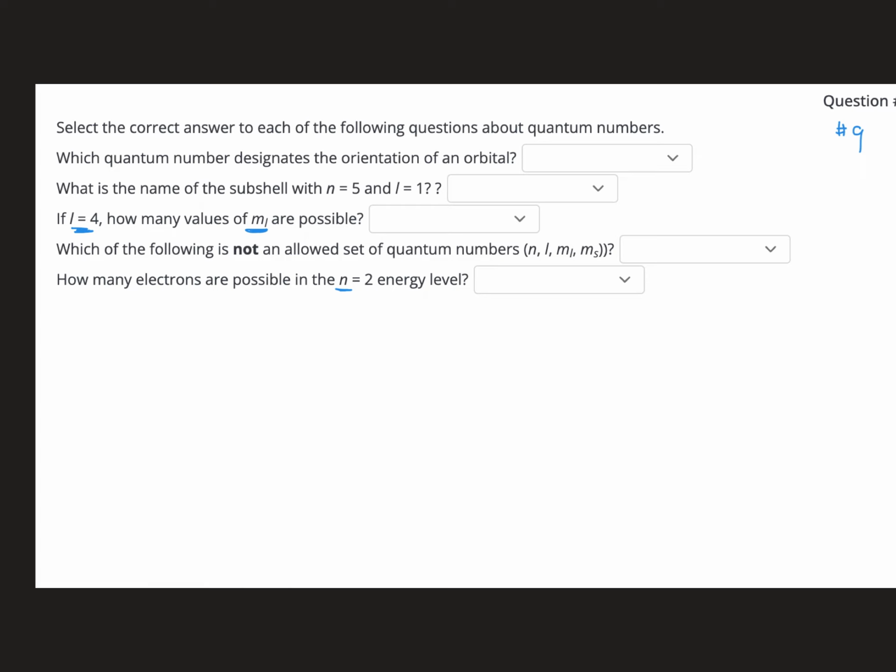So there are 4 different kind of markers for each electron. There's N, there's L, there's ML, and then there's our magnetic spin. So N is our quantum number, and that's our energy level.